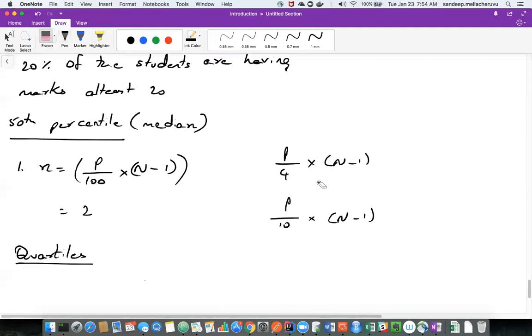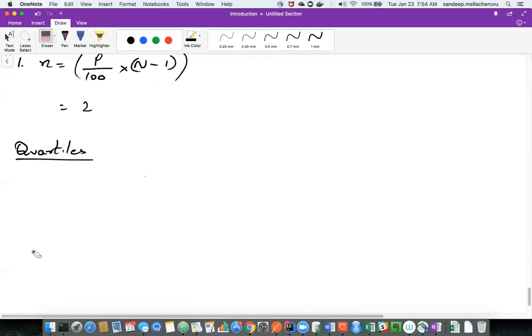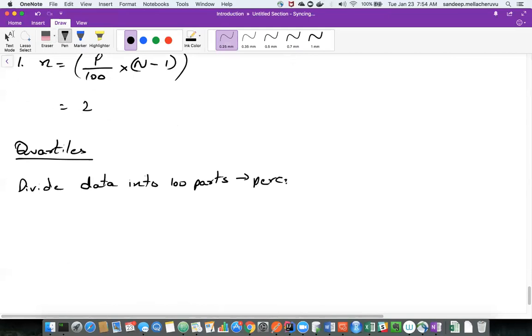Okay, so what is a quartile? If you divide data into 100 parts, we already know this, and it is called a percentile, right? Now what if I divide the data into 4 parts?